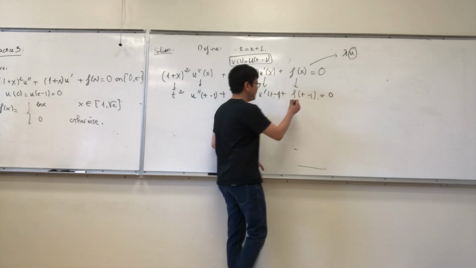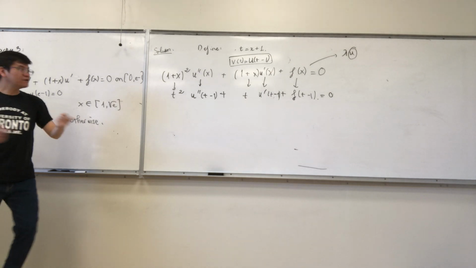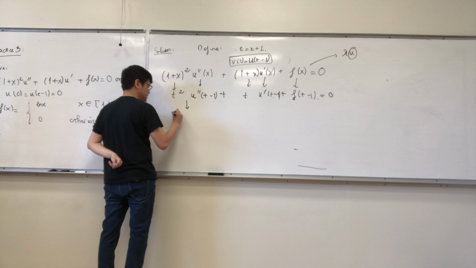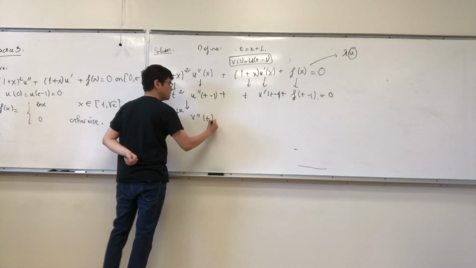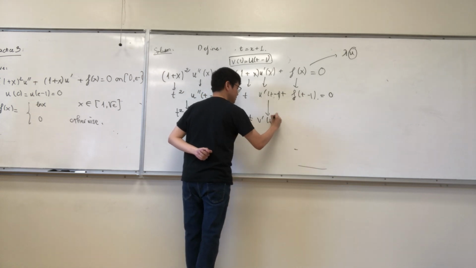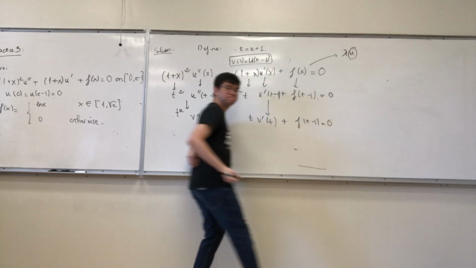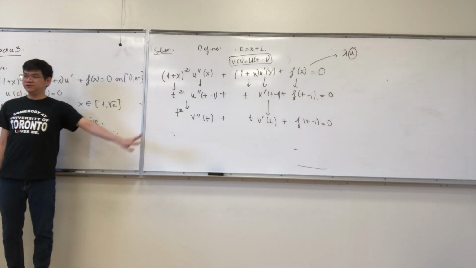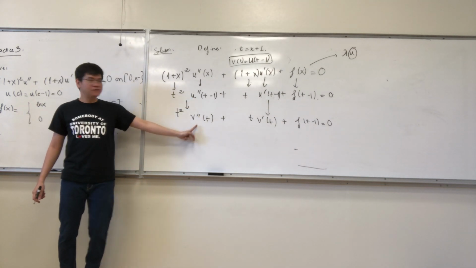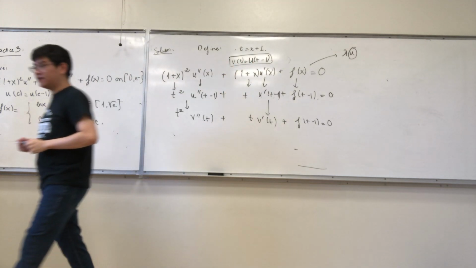And f of x will be f of t minus 1, because x is t minus 1. Now I'm going to use this guy. So this will be t squared v double prime of t plus t v prime of t plus f of t minus 1 equals 0. Is it clear? So from here, I go from u to v. This is why I define v(t) is u(t minus 1).